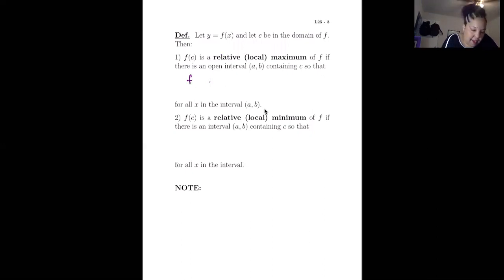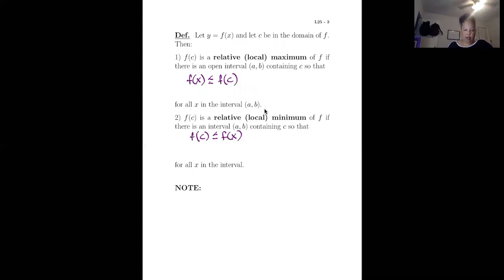So if f of x is less than or equal to f of c, some y value evaluated at c, then we call that a local max. If everything around it is bigger, sorry, then I call that a relative min. And I'll show you what those look like.